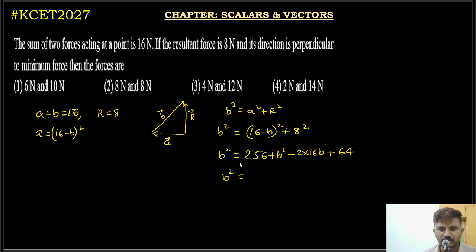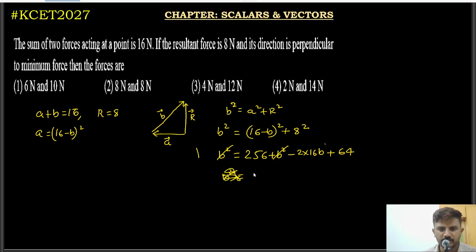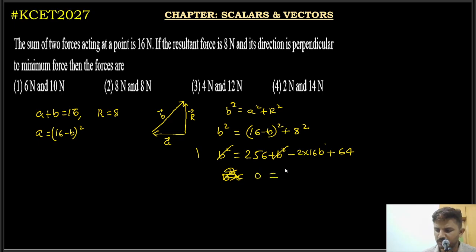So B square actually gets cancelled here. I will not write this. 0 is equal to 256 plus 64 is 320 minus 32B. 32B will come this side. 32B is equal to 320. So B is equal to 10.